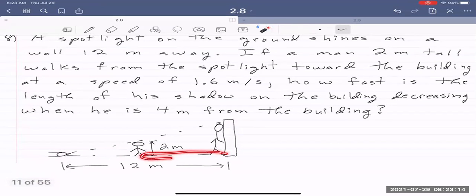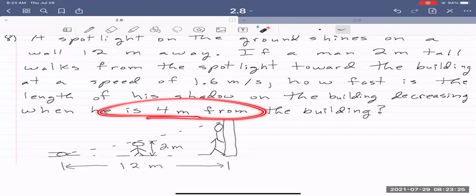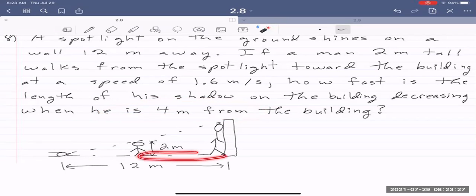So this length is decreasing by 1.6 meters per second. And he is 4 meters from the wall. So I know the distance, 4, and the speed at which this is decreasing, 1.6 meters per second.